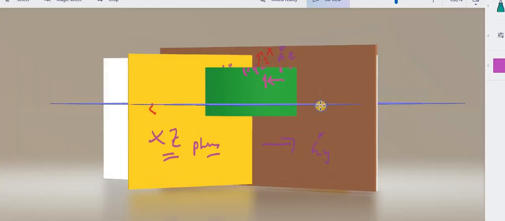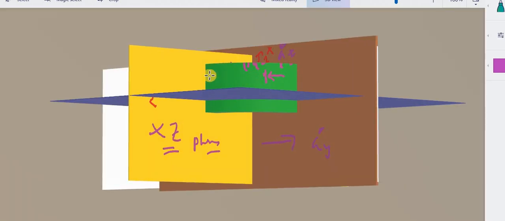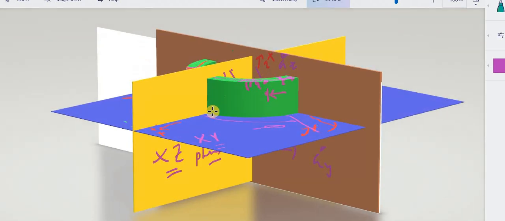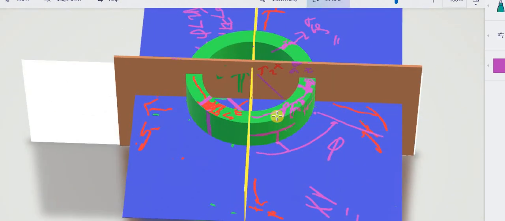Suppose z is constant from the origin to somewhere here. If z is constant, then what? But rho is changing.